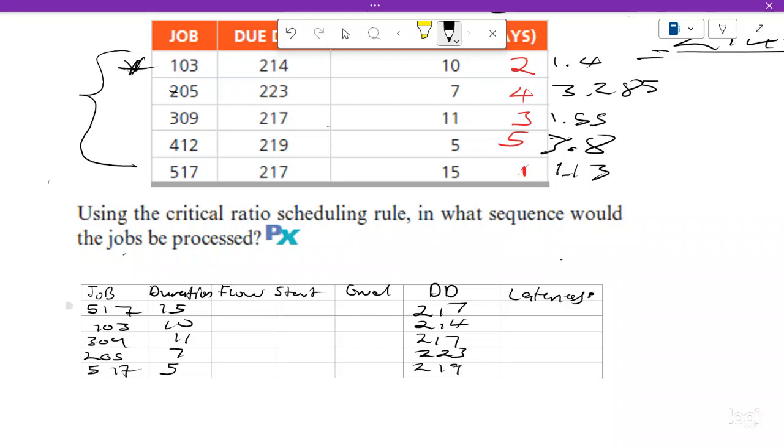Then the flow times are 15, 25, 36, 43, and 48. 15 plus 10 plus 11 plus 7 plus 5 equals 48 indeed.